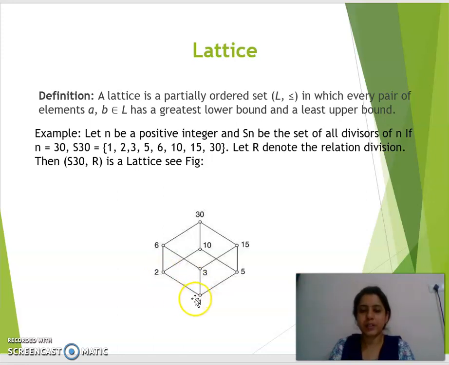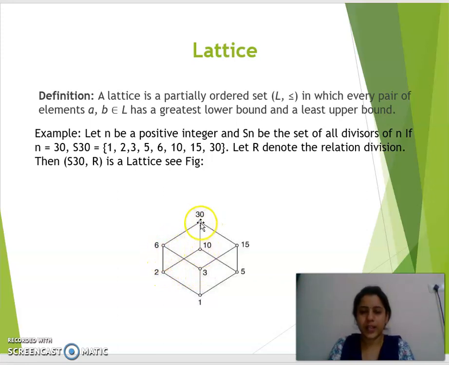And the upper bound values of 1, 2: 1, 2 is related with 6, 1, 2 is related with 10, and 1, 2 is related with 30. As 2 is not related with 3, we can't take 3.